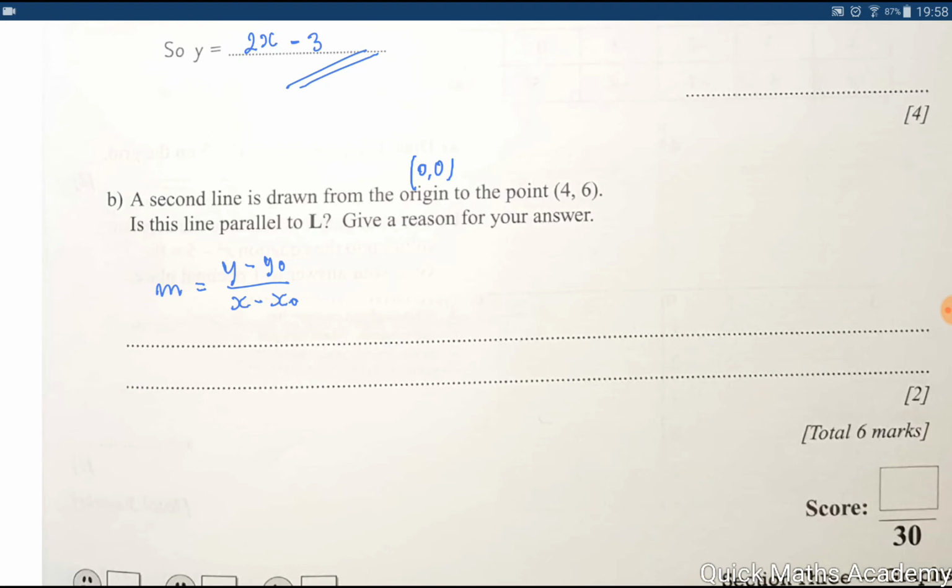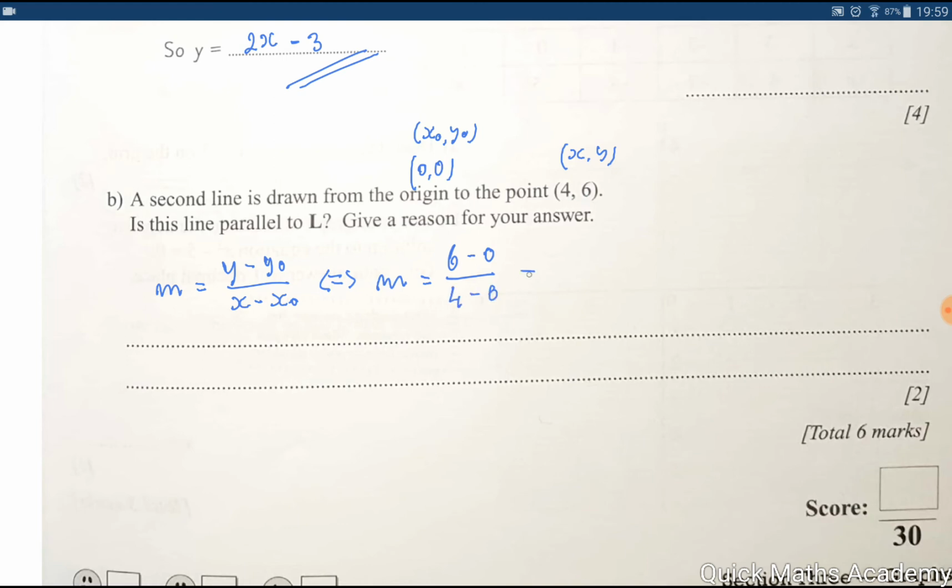This is my point (x0, y0), and this is my point (x, y). My (x, y) is (4, 6), my (x0, y0) is (0, 0). So that means that my m will be 6 minus 0 over 4 minus 0.